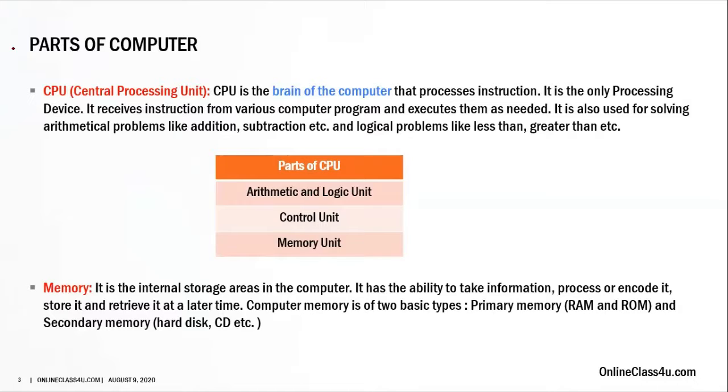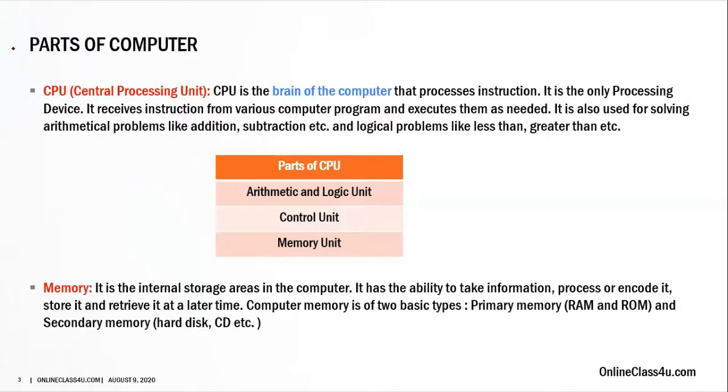CPU is also used for solving arithmetical problems like addition, subtraction, multiplication, division, and logical problems like less than, greater than. That is, if we have two numbers, then when we are comparing these numbers, which one is greater than or which one is smaller than, those things are also done in the CPU.